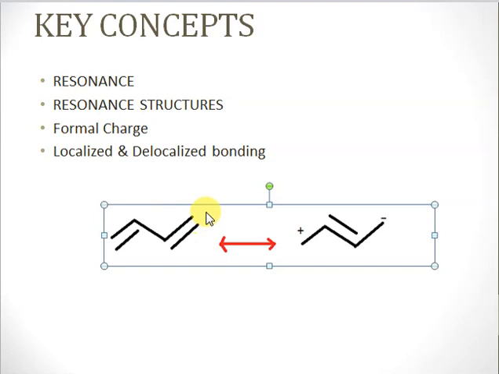Because the bond length of this double bond and this double bond are justifiable as double bond lengths, but this single bond has a bond length which is also equal to these bond lengths. So this means that if the bond length of this is equal to the bond length of the double bonds, there should also be a double bond, right?